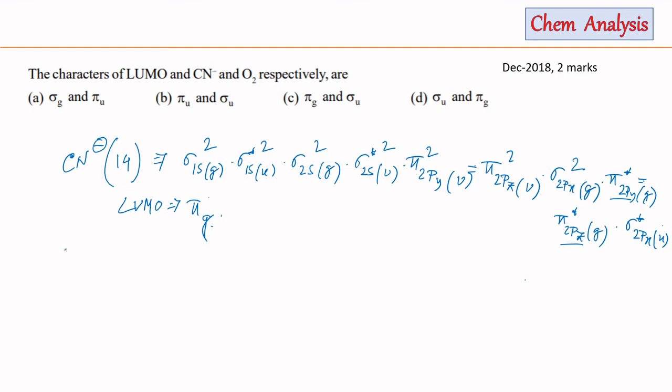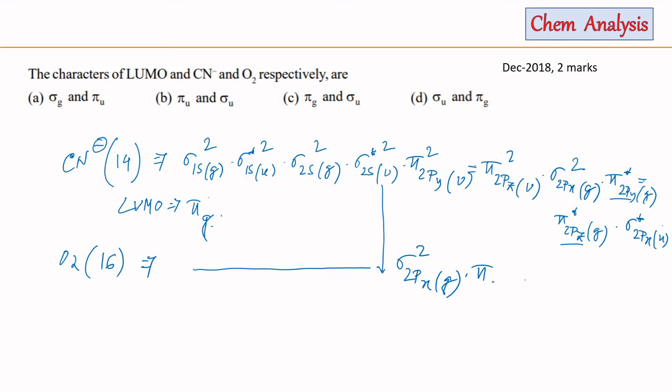And for O2, since O2 contains 16 electrons, all the distribution up to this point will be similar. After that, since it belongs to the greater than 14 electron distribution, after sigma 2s u star there will come this sigma 2px molecular orbital with 2 electrons, then pi 2py u2 and pi 2pz u2.